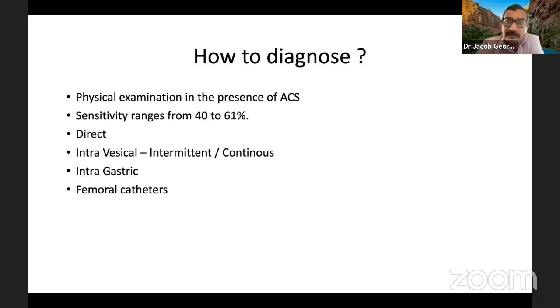It is suggested that instead of having an intermittent reading, it is better to have a continuous reading, because patients do have fluctuations of intra-abdominal pressure, and if we are not having continuous monitoring, we may tend to miss the peaks of raised IAP.